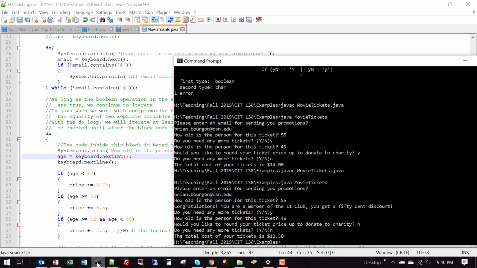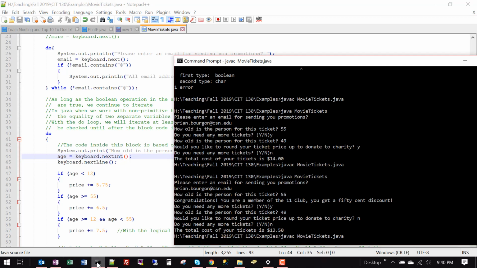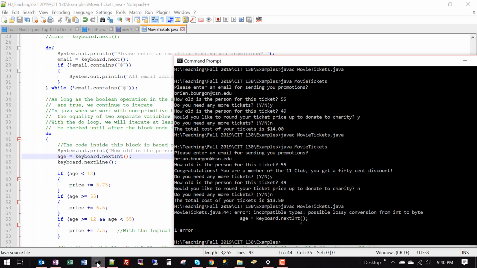So what we'll see when we try to compile is an error that says incompatible types, possible lossy conversion from int to byte, which just means the number may be too big to fit in a byte box. So if I just let it happen, something bad could happen.